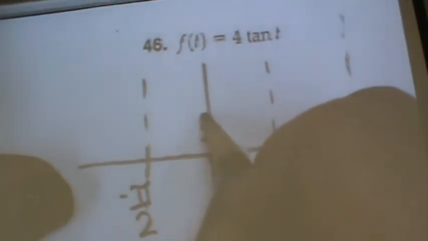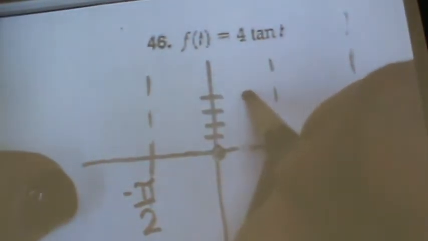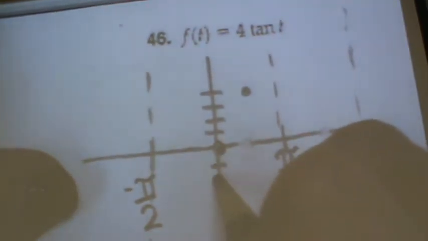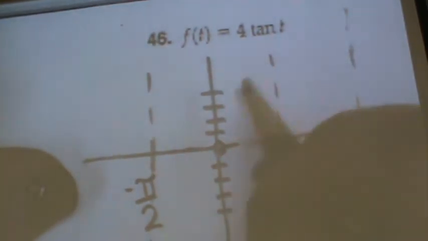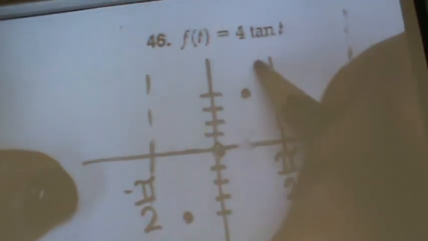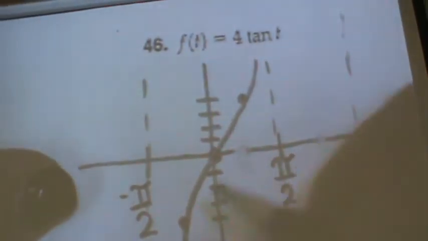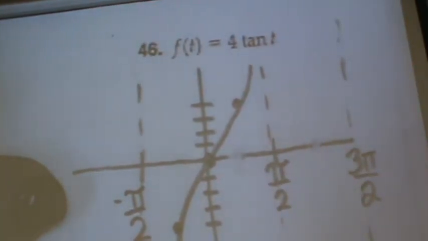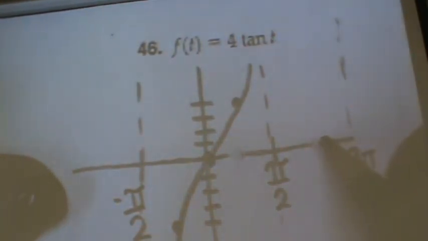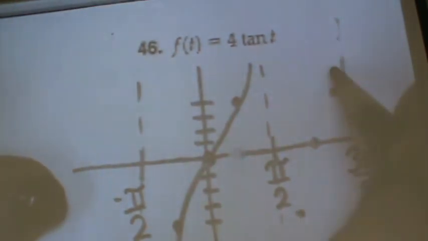So in between here and here, you're going to go up 4 units: 1, 2, 3, 4. And you go 1, 2, 3, 4. That's what this graph looks like. You have a 0 here. You go up 4, in between. So you graph them all. Just do a few, a couple.